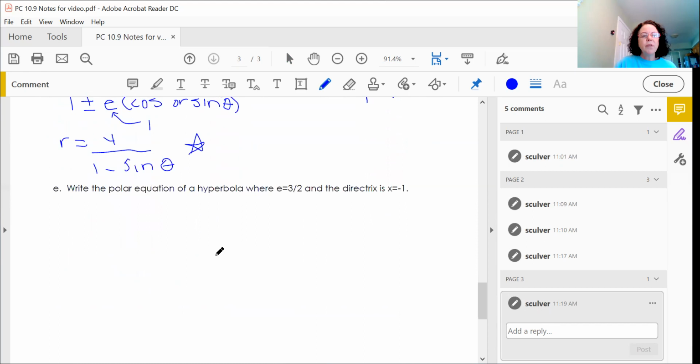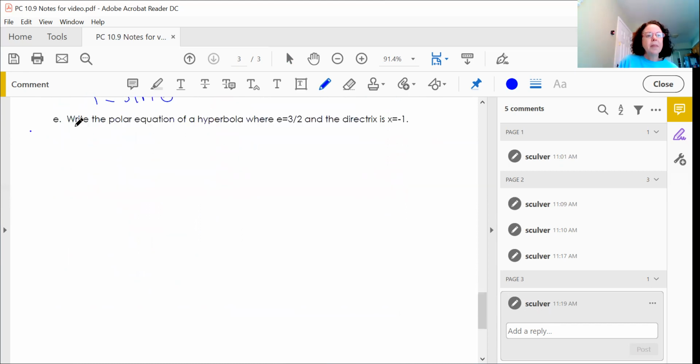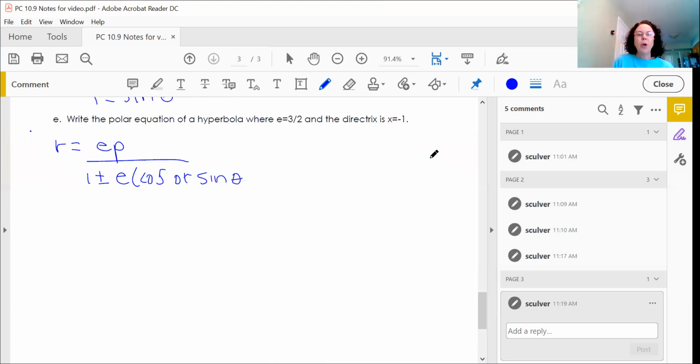Let's write an equation for a hyperbola. So let's do the same thing again. r equals e times p over 1 plus or minus e cosine or sine theta. Okay, let's collect our clues. e is 3/2. Excellent.